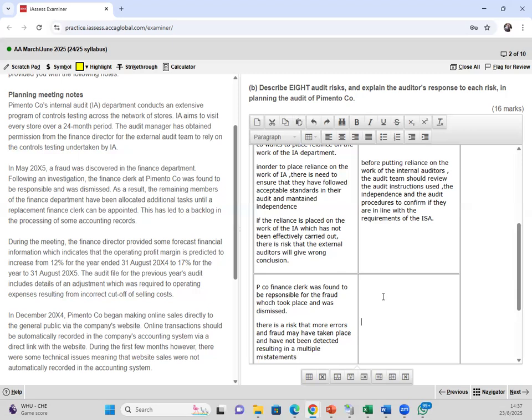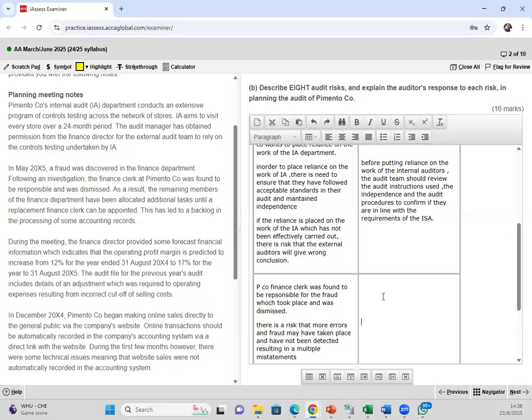Then what should be the response? In this case, we don't know where else fraud could have taken place. So we can't pinpoint and say, let's inspect this particular record, because fraud might have occurred in a number of areas that we have not identified.